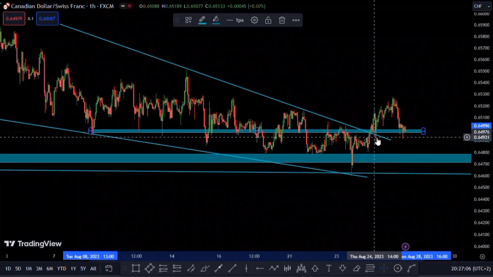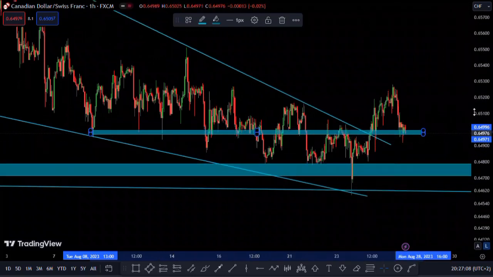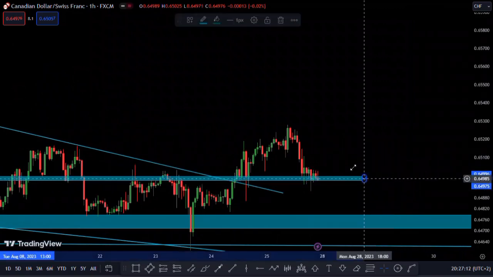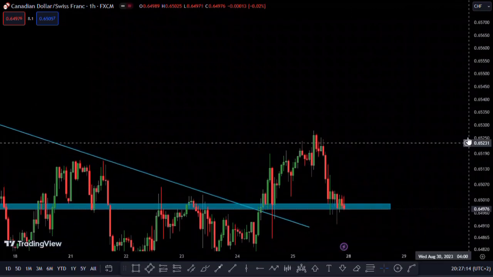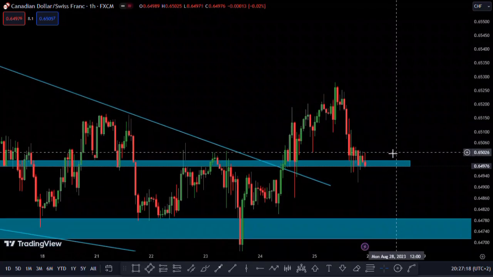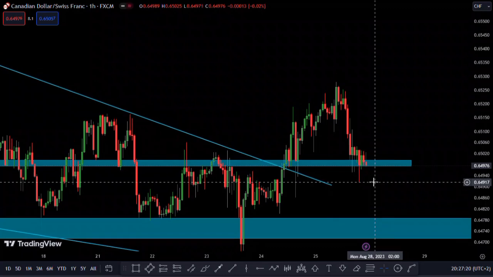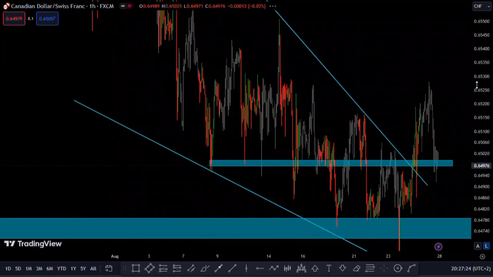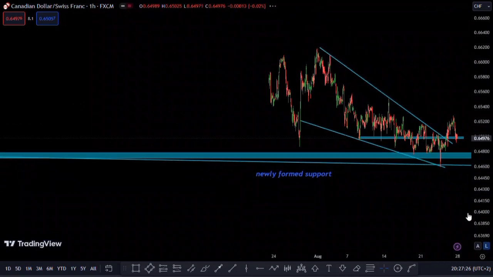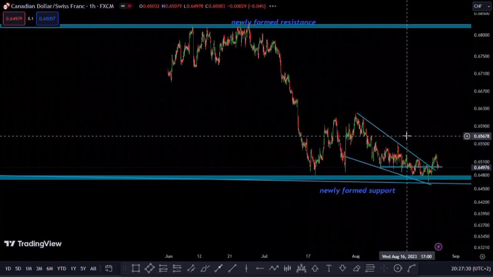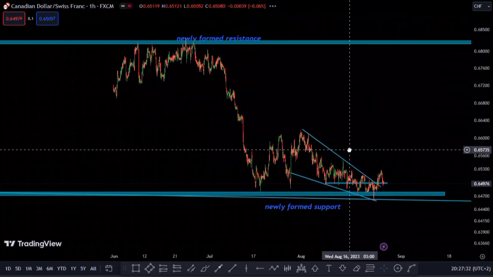So this is a zone that I would use for my buying opportunities. But remember, we are still in a consolidation.